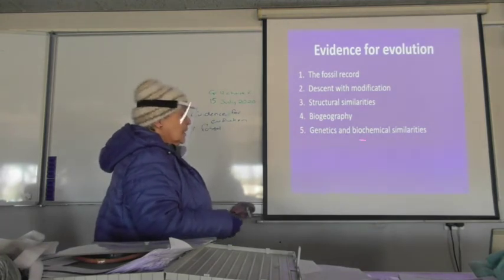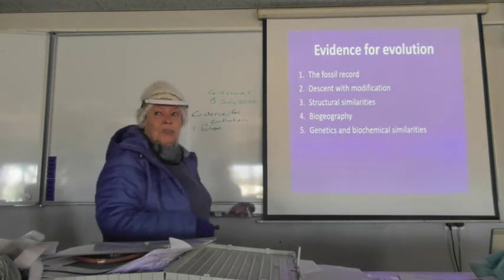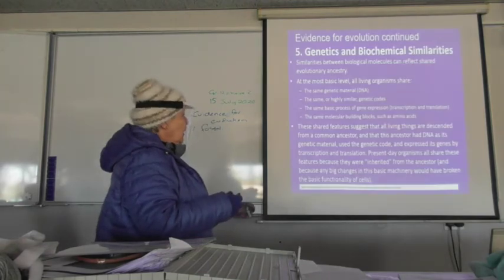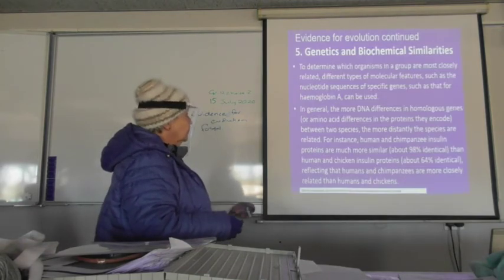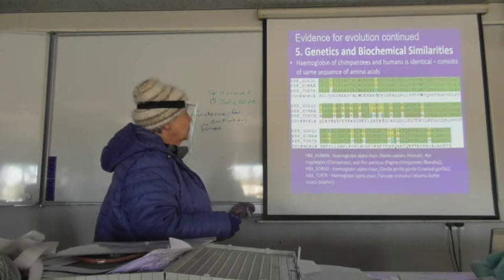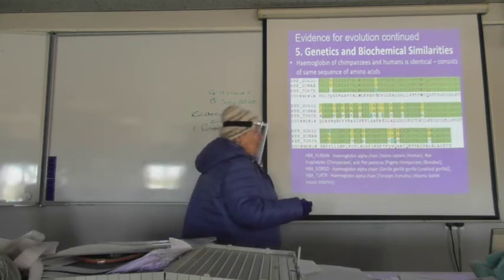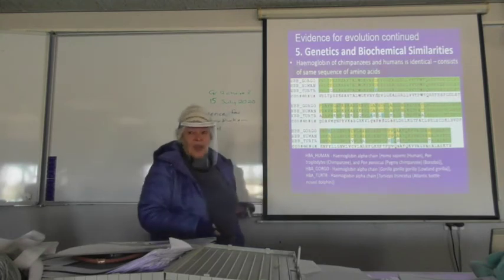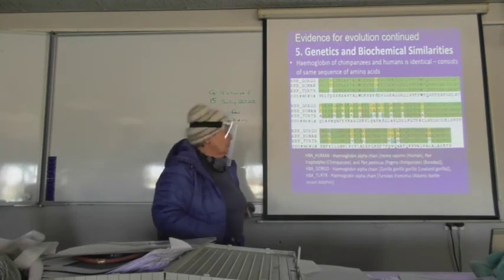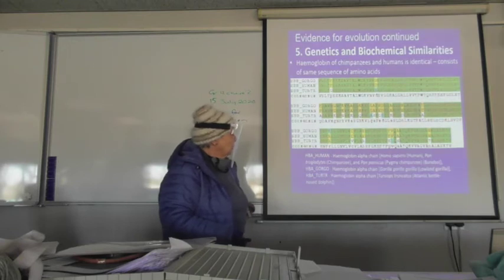Next one. Genetics and biochemical similarities. I'm going to explain it with the diagram and then go back to those other slides, and hopefully it will make a lot of sense.